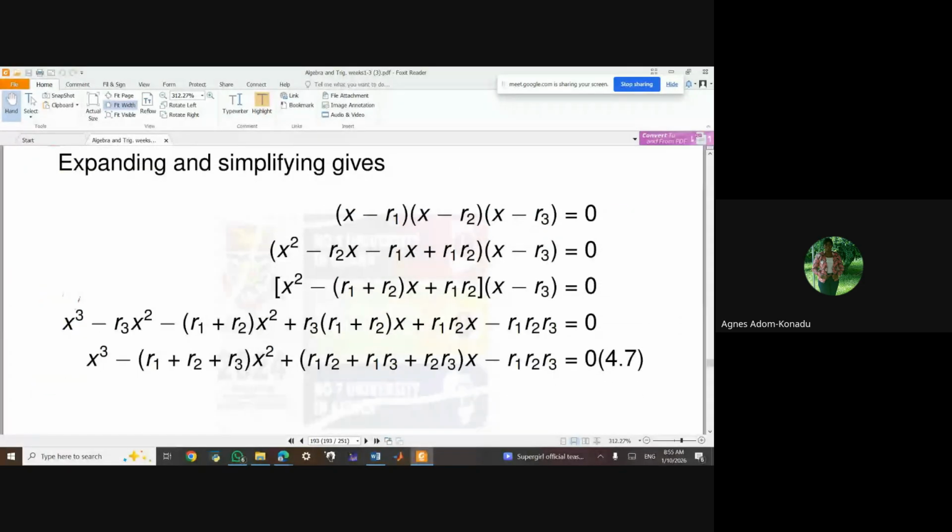When I expand the whole of this, I'm supposed to get x to the power 3 minus the sum of all the roots, x squared, plus the sum of the products of pairs, r1 r2 plus r1 r3 plus r2 r3, times x. So you see that I have r1 r2, r1 r3, r2 r3 times x, minus then the product of all the 3, r1 r2 r3. This is how the solution will look.